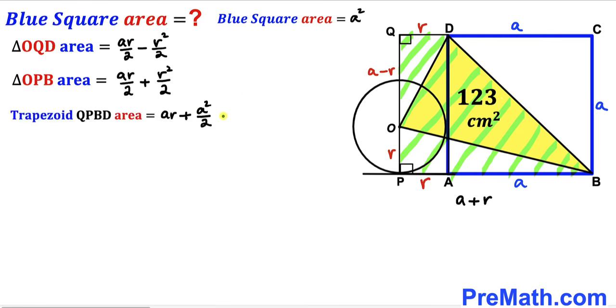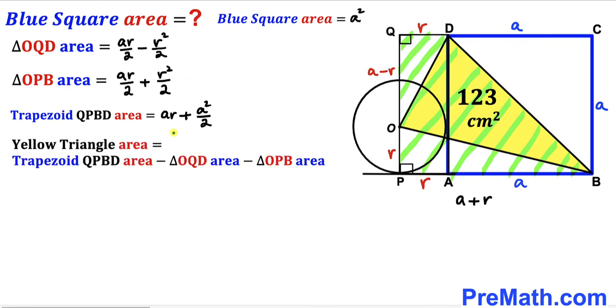So thus we figured out the area of the trapezoid and the area of these two triangles as well. And now let's recall this equation once again. The yellow triangle area is equal to the area of the trapezoid minus the area of the triangle OQD and the area of the other triangle OPB as well. We already figured out all these areas over here. So let's go ahead and fill in the blanks in this equation.